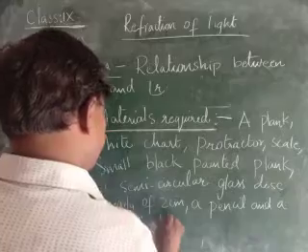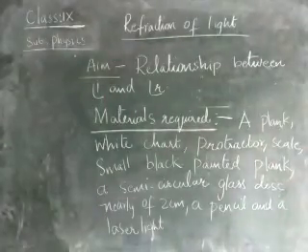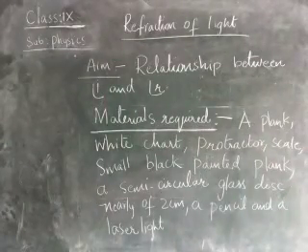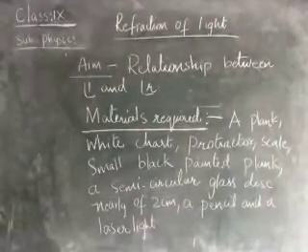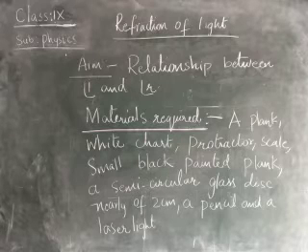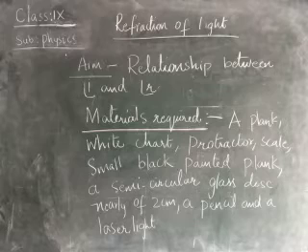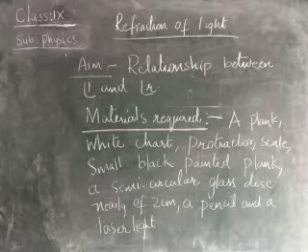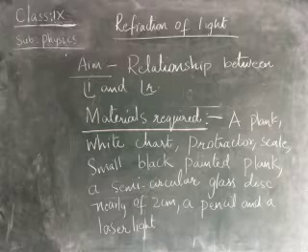Okay, children. Here what are the materials required? A plank is the wooden cardboard. Next, white chart. We should do this activity on a white chart, children. Next, protractor. We require the protractor. Scale, small black painted plank, a semicircular glass disc.